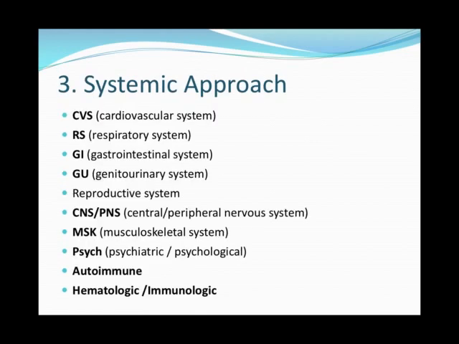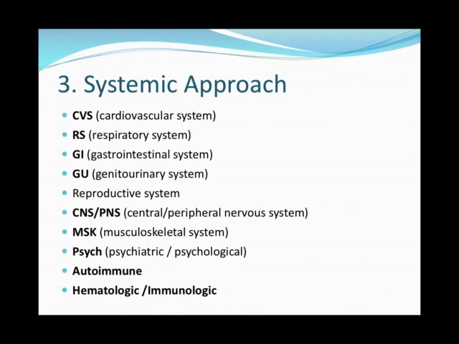The systemic approach, and this is the approach that I normally use, it's just my preference, is I go through the different systems in the body and think through, are there any problems in any of these systems that could be causing the patient's symptoms.